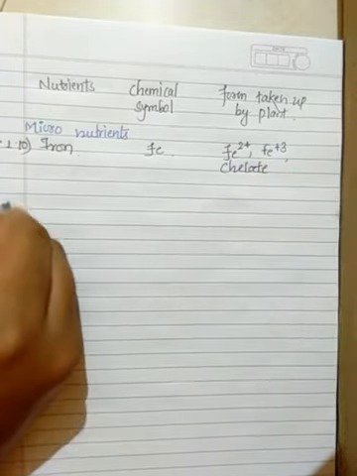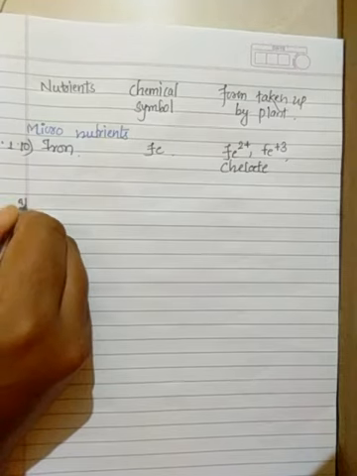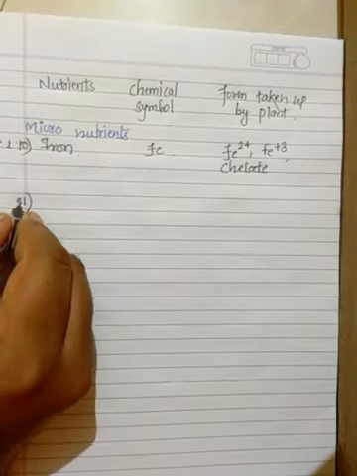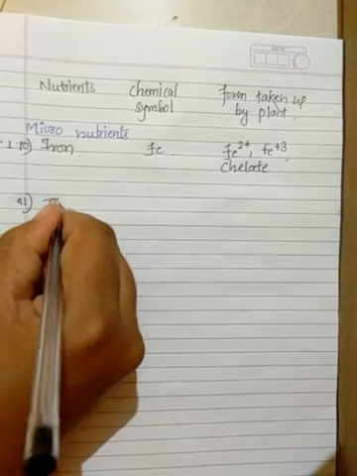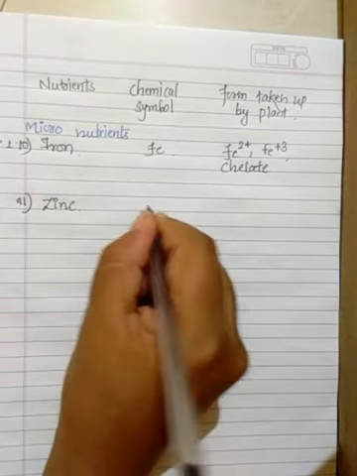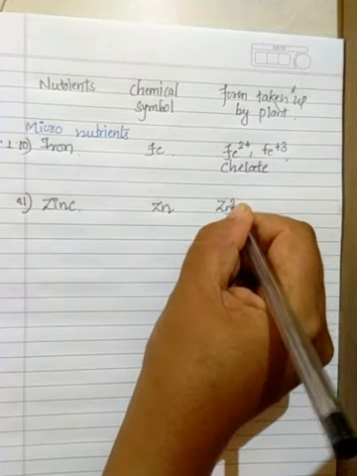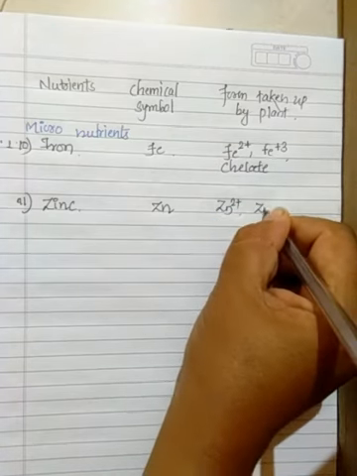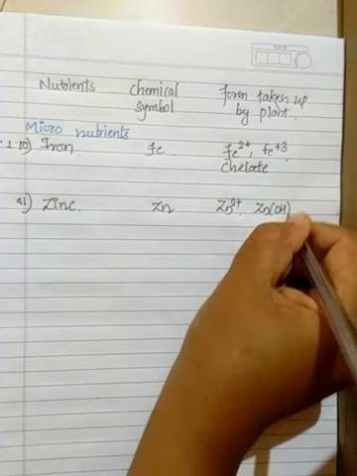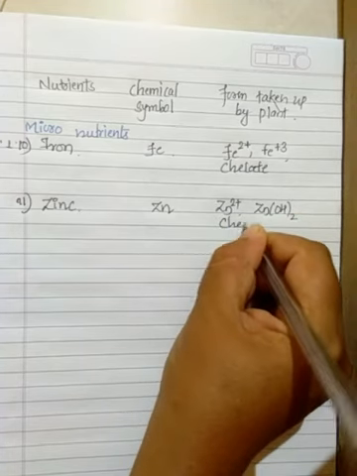Okay, next 11 I'll write zinc. Symbol for this Zn, taken by plant as Zn2 plus, Zn hydroxide as well as chelates.